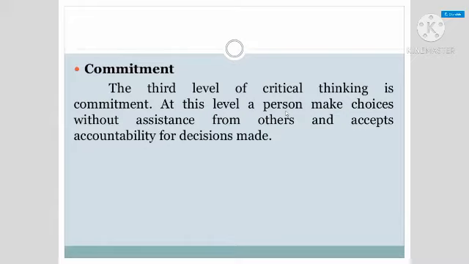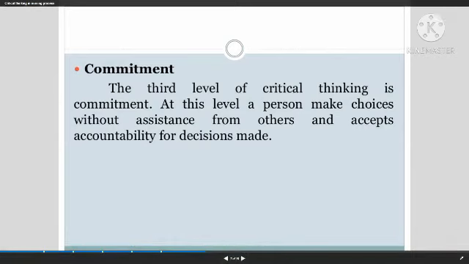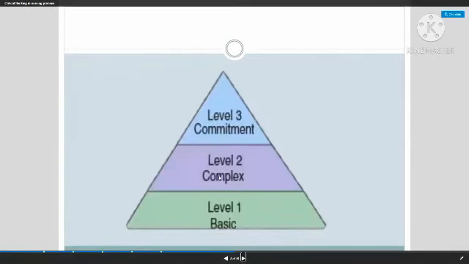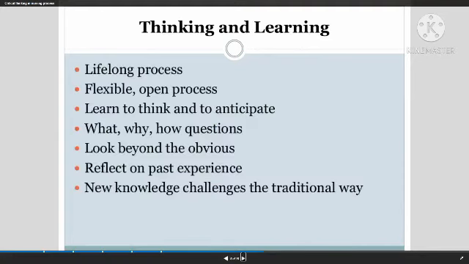If anyone from the higher authority comes and asks you why you have done this, you should be ready to answer. That answer should be very relevant, and it should be efficient. Okay, that is about the commitment. So level 3 is the commitment, level 2 is complex, and level 1 is the basic.